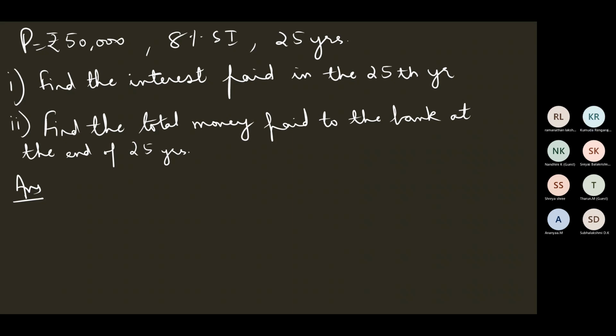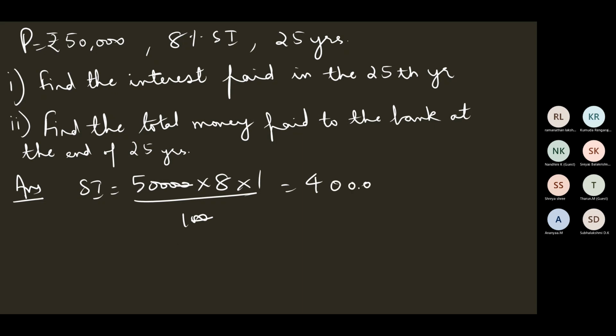The simple interest paid annually will be 50,000 into 8% into 1 year by 100, that is PTR by 100 or PNR by 100, whatever you call it. So 4,000 is the interest you will be paying every year. Even in the 25th year, you will pay 4,000 only.